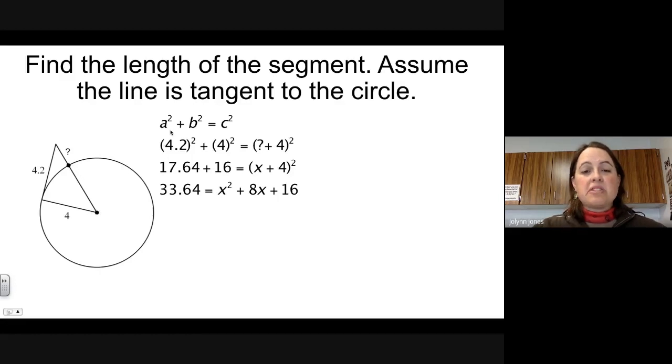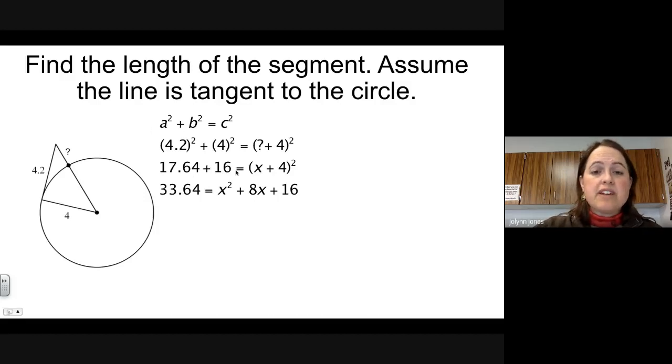All right, now we can use the Pythagorean theorem, and I can say that the 4.2, because that's one leg, squared, plus the radius, that other leg squared, is going to equal whatever that is, this question mark, plus this radius 4. Okay, now on this part of it, I've changed the question mark to x just so that it's easier to work with algebraically.